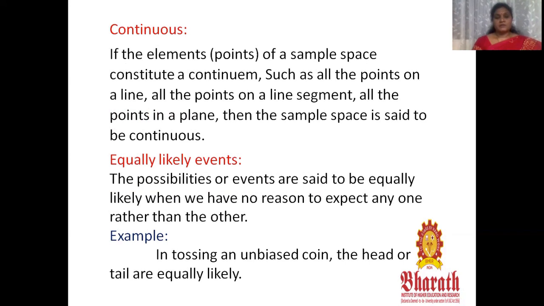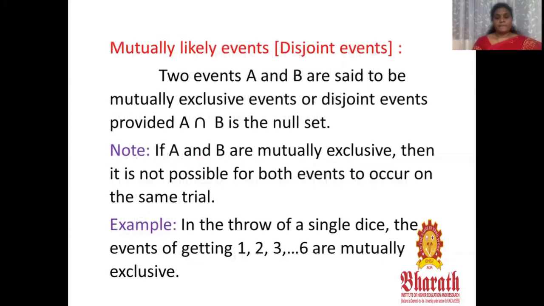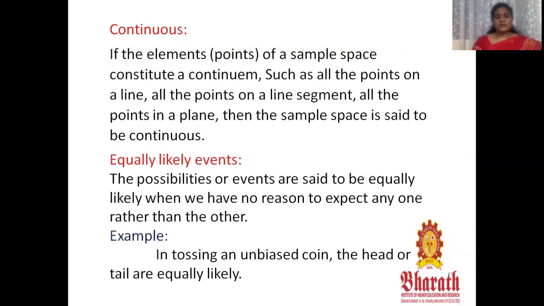Equally likely events. The possibilities or events are said to be equally likely when we have no reason to expect any one rather than the other. Example, in tossing an unbiased coin, the head or the tail are equally likely.